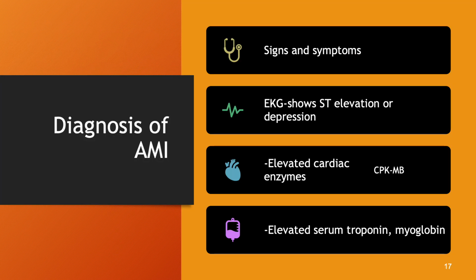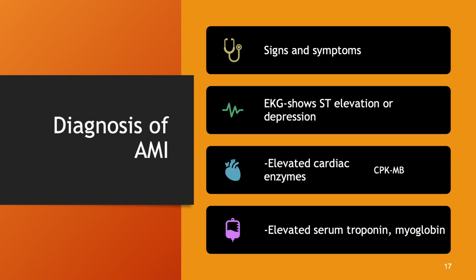How do we diagnose a heart attack? Well, again, we'll look at signs and symptoms: pain, diaphoresis, the patient is pale, heart rate is up, they have difficulty breathing. We'll look at the EKG, which shows ST elevation or depression.